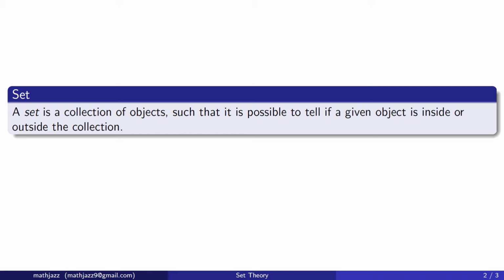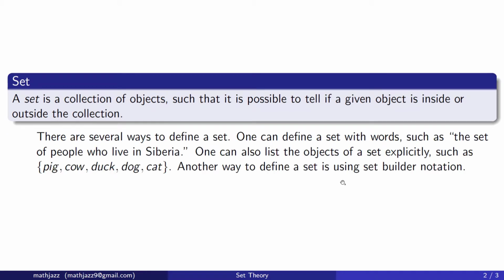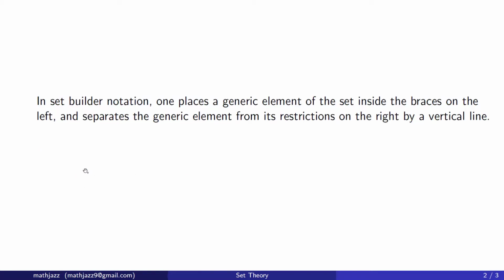Another way of defining a set is to use set builder notation. Set builder notation has the curly braces that we use when we explicitly list the objects of a set, but it also has a vertical line in it. On the left side of the vertical line, we write what a generic object will look like in the set, and on the right side, we write restrictions to the generic object that will define the set.